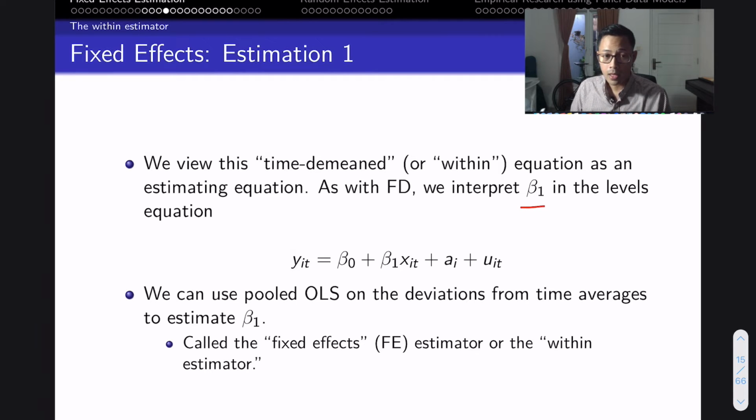So another year in school is correlated with a higher wage by, say, 6 or 7%. It really depends on the value of beta 1. Now we can use pooled OLS on the deviations from time averages to estimate beta 1. I'm going to call this the fixed effects estimator or the within estimator.